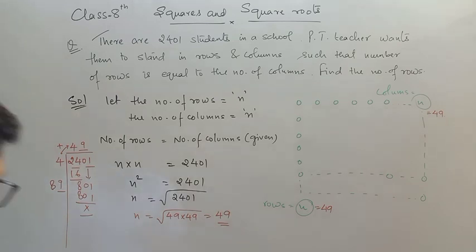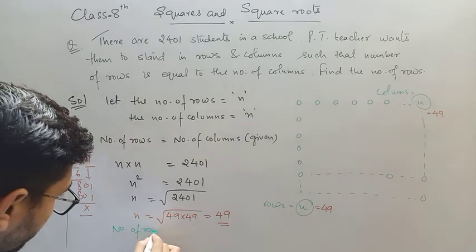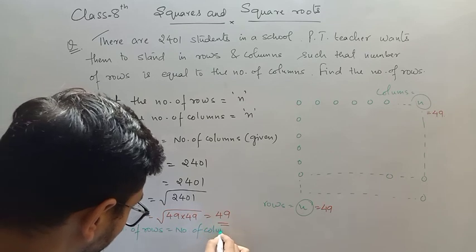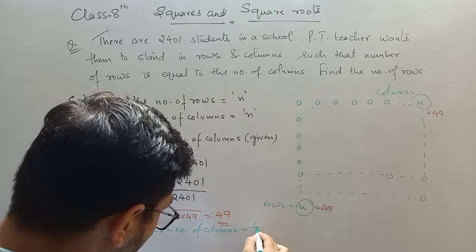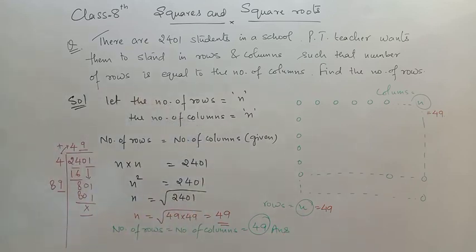So you can say the number of rows is equal to the number of columns, which is equal to 49. Please note it down fast. I hope this concept is clear to all.